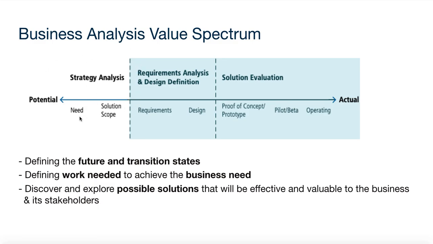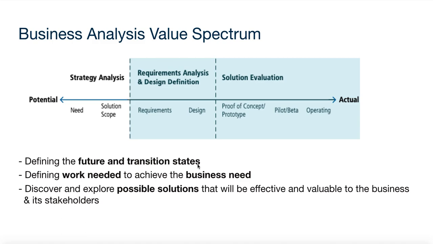As part of strategy analysis, you need to focus on defining the future and the transitional states. First of all, you need to define what the future state is. When you know your destination, then you would be able to understand which route you should be taking, or which steps you need to take in achieving that destination.